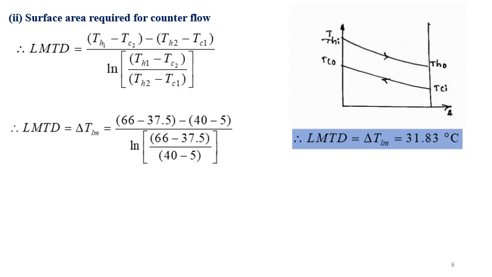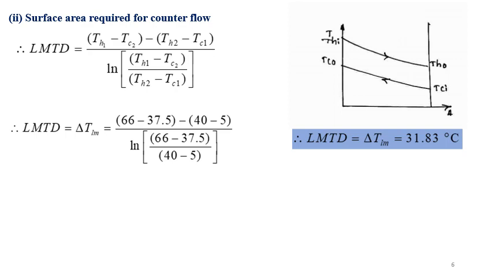It is not 18, that was for parallel flow. If you calculate, you will get 31.83 degrees centigrade. So if you refer to the values of delta TLM for counter flow and parallel flow, the LMTD for counter flow is higher, because more efficient heat transfer is taking place.